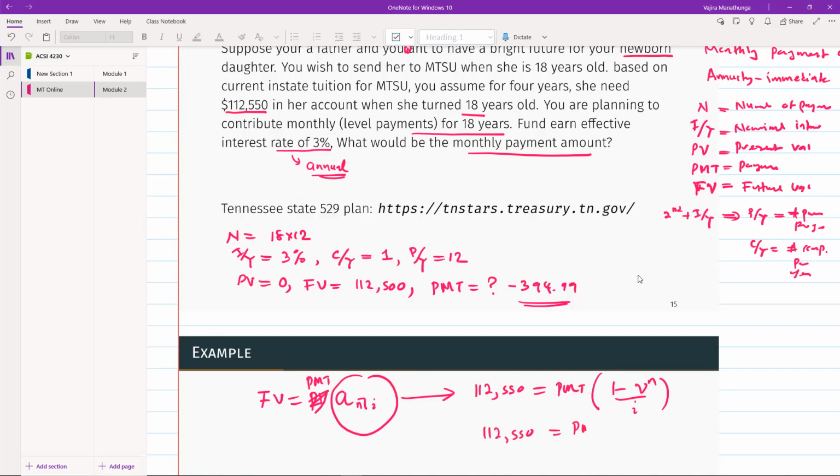So 112,550 equals payment, and what's the rate, over 1 minus v to the N. What is the N? N is 18 times 12, which is going to be what?